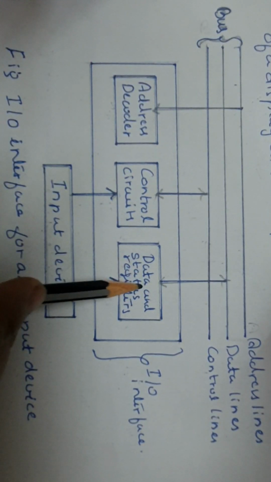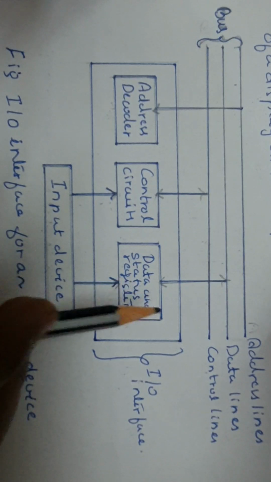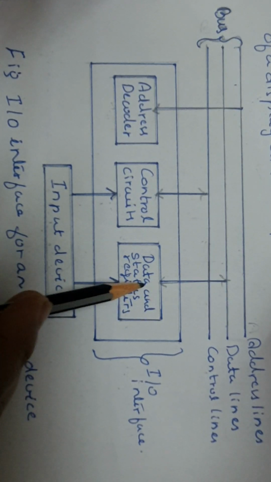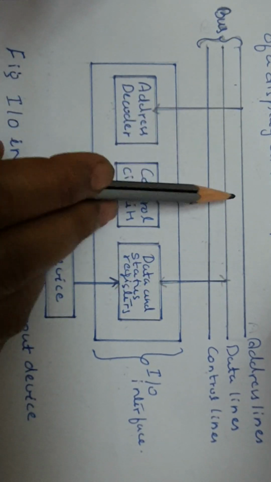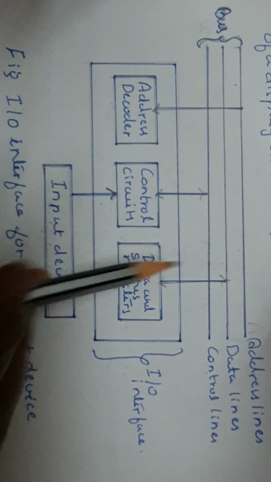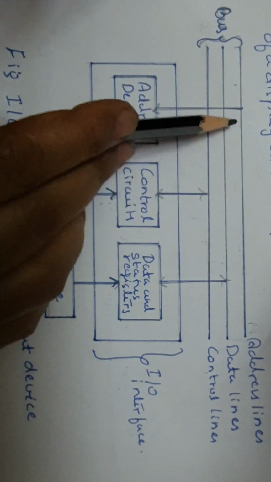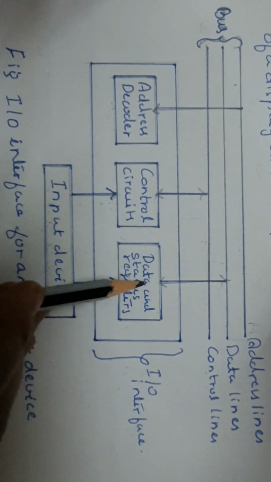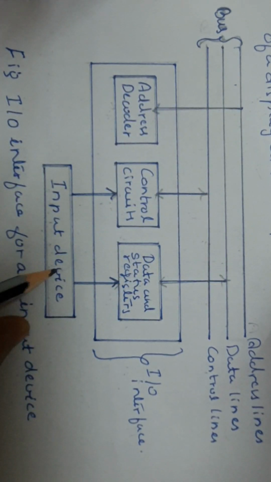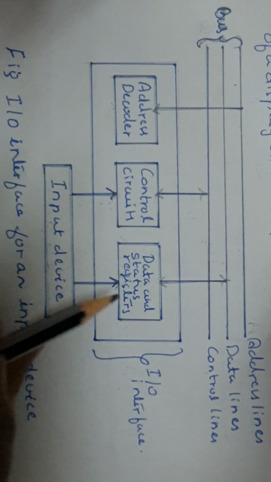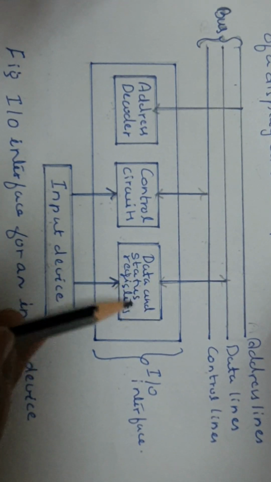So the data register holds the data given by the keyboard and it will be made available to the processor over the data bus. That is in the case of an input device. In the case of an output device, the processor will send the data to the data register of the output device, which will be interpreted there, either displayed or plotted. So that is what the data register is.